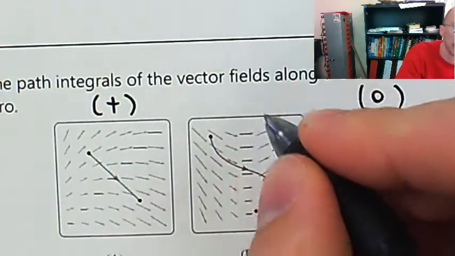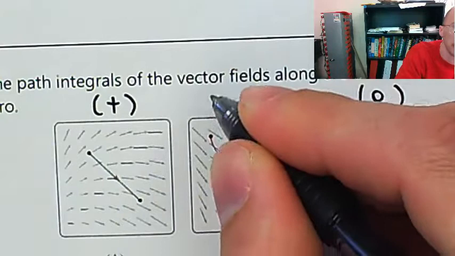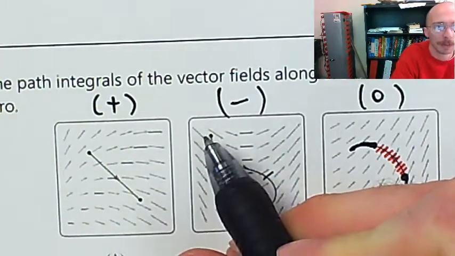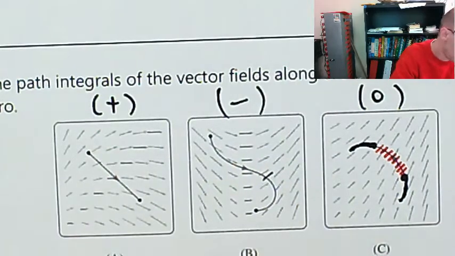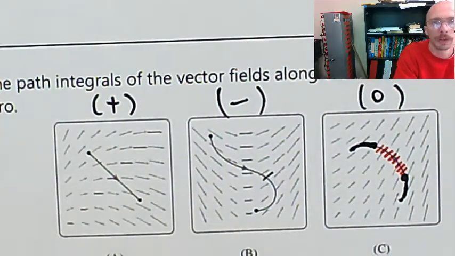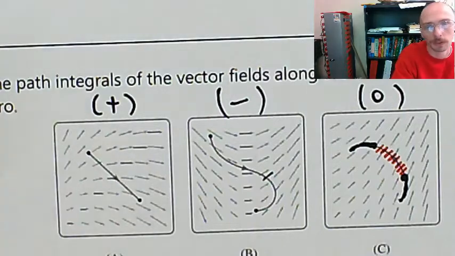So we think that this one's negative, but it's not super obvious, I will admit. And the amount by which this is positive compared to this negativity, who knows? But that's the idea. With the grain is positive, against the grain is negative, always orthogonal to the vector field marks, that's going to be a 0.